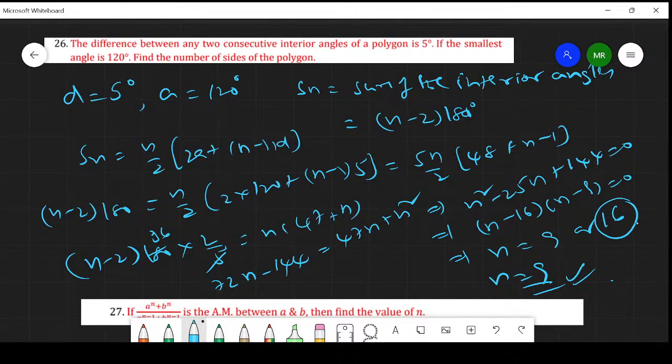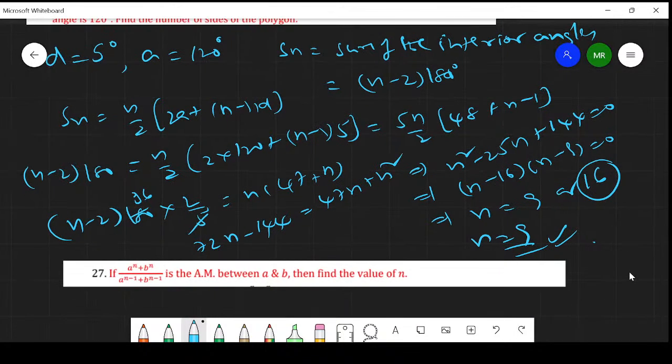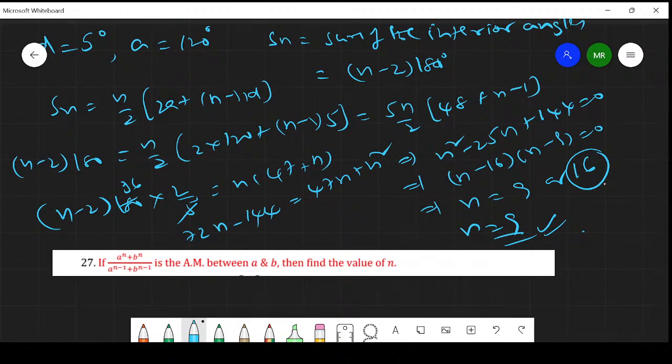If you want, you can verify. Find the term T16, it comes around 195. The angle comes to 195. You can verify that, but this is enough. We consider n is equal to 9. Why not 16? If you take 16, T16 comes 195, which is greater than 180 degrees, so you can avoid this.